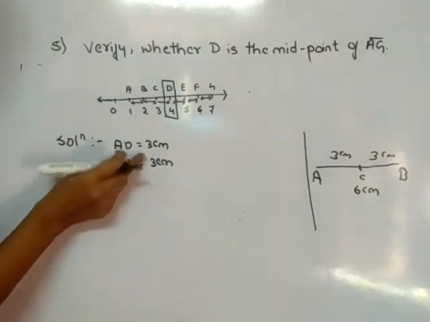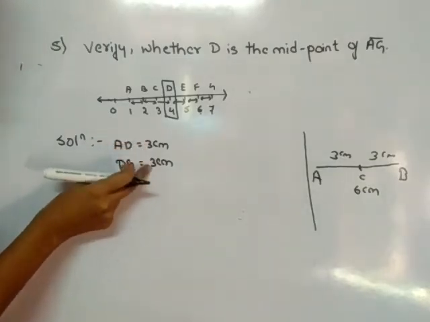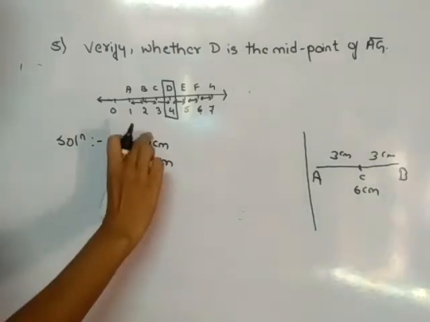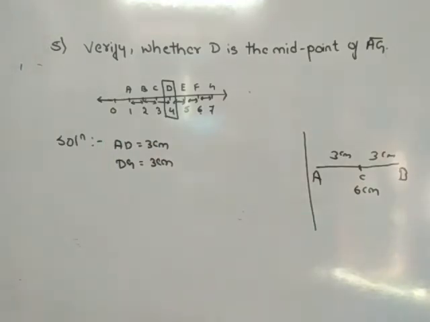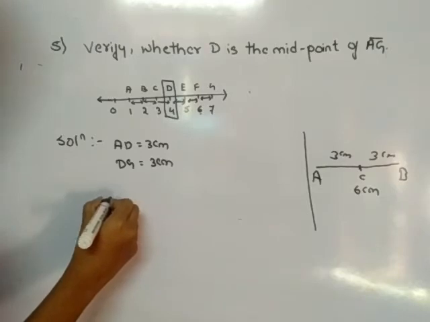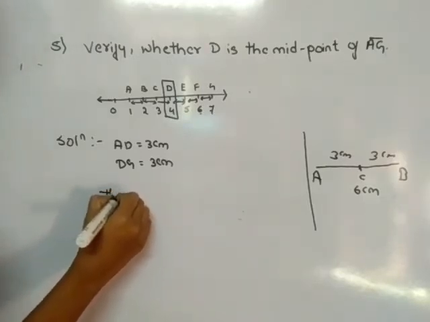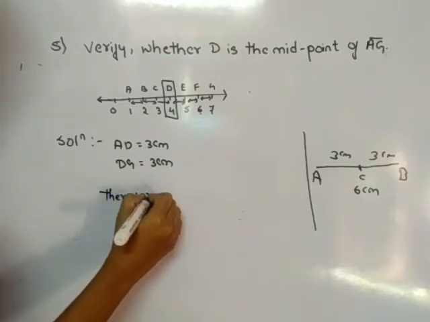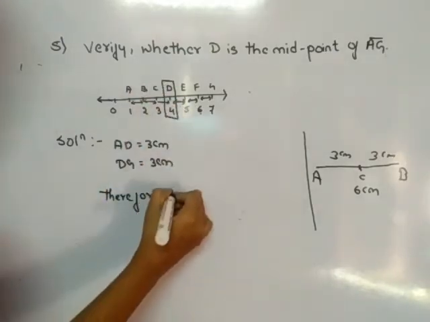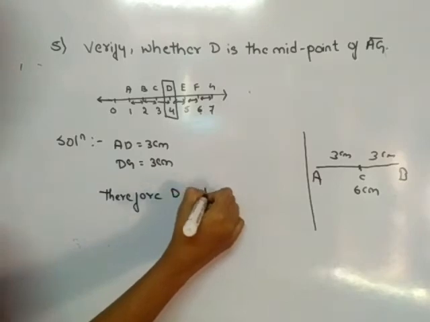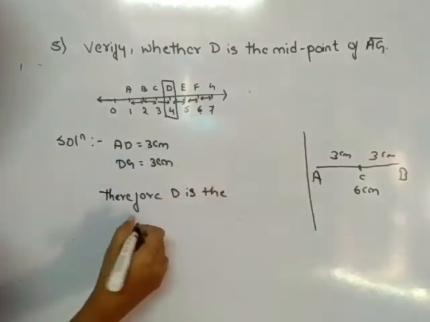Right? You can see that we are getting here 3 cm, 3 cm, isn't it? Which are equal in a distance, equal in a length, isn't it? So we can say that therefore D is the midpoint.